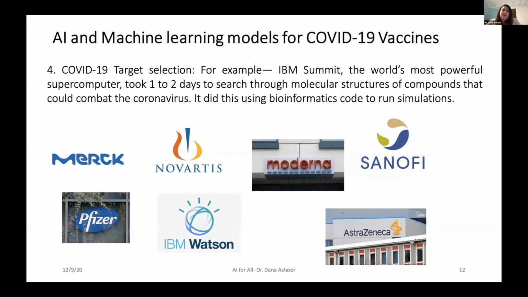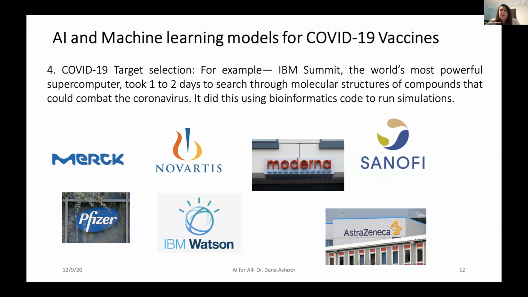Fourth thing, I'm sure all of us have heard of these huge names of big pharmaceutical companies: Pfizer, Moderna, AstraZeneca. They all started to develop vaccines, and of course, for sure, they use artificial intelligence and machine learning to develop their vaccines.